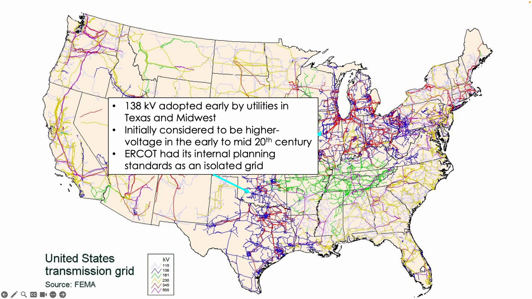We'll talk more about the regional geographies later, but ERCOT is an isolated grid. ERCOT is essentially what we think of as the Texas grid, and it has its own internal planning standards because it's isolated from the rest of the country, and so they were able to do their own thing.